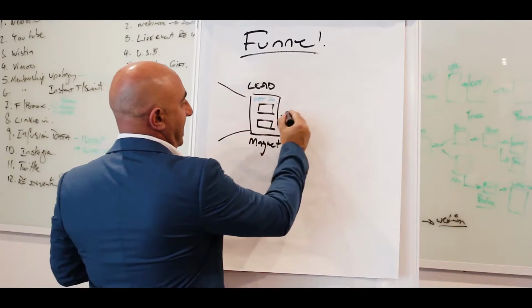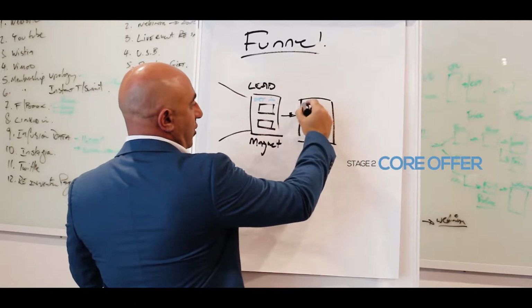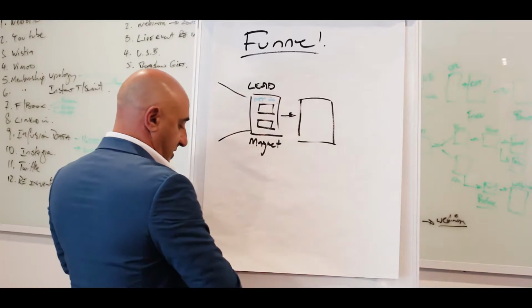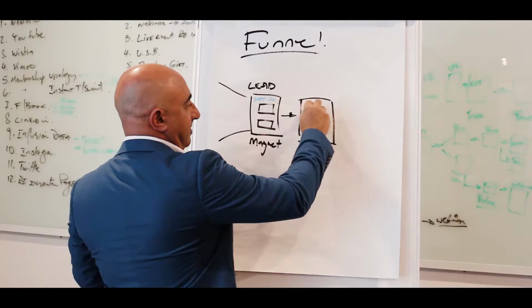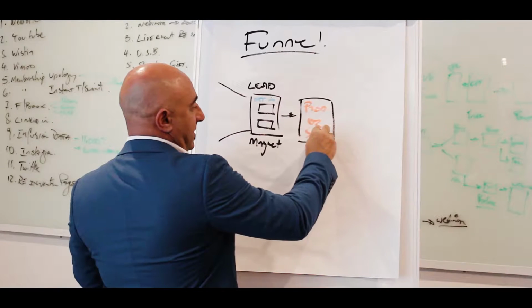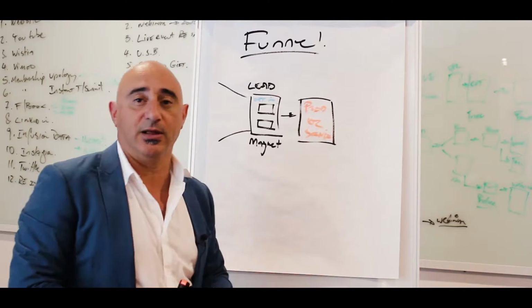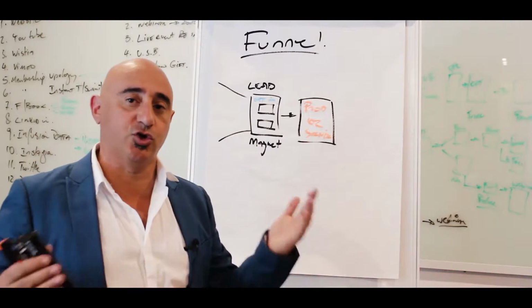Now, the next part goes to the core offer. In other words, the core offer is usually going to be your product or your service, right? This is what we do. So what you're offering is your true offer.